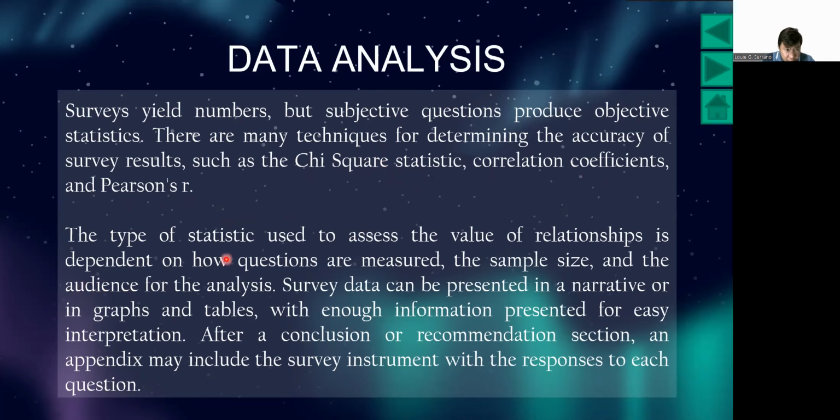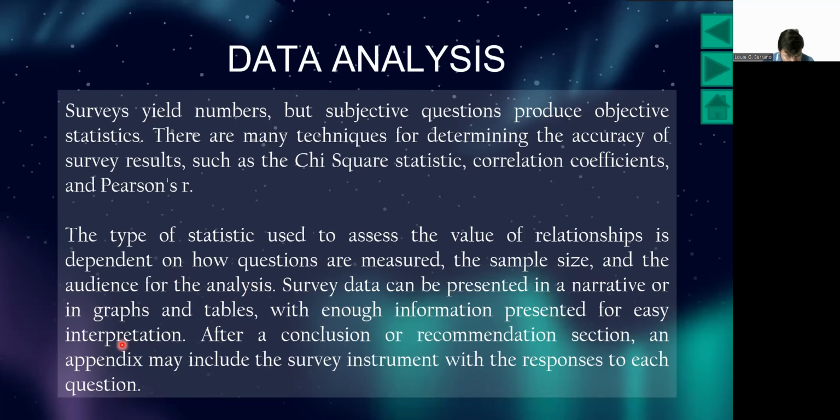So the type of statistic used to assess the value of relationships is dependent on how questions are measured, the sample size, and the audience for the analysis. Survey data can be presented in a narrative or in graphs and tables, with enough information presented for easy interpretation.